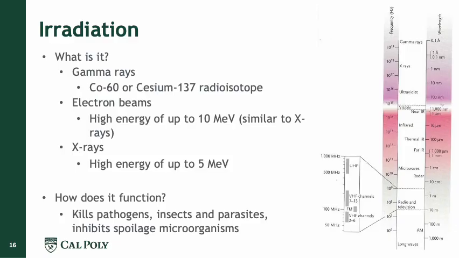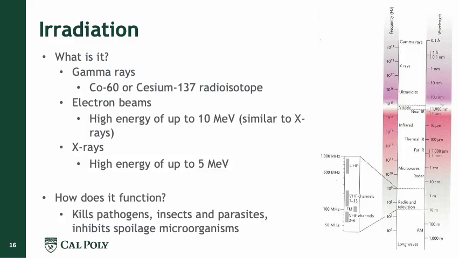Another example is irradiation, and irradiation uses gamma rays of cobalt-60 or cesium-137, and electron beams, which are high energy, up to 10 mega electron volts, and these are similar to X-rays. Let's say that X-rays will have energy up to 5 mega electron volts, and electron beams will have double this energy.